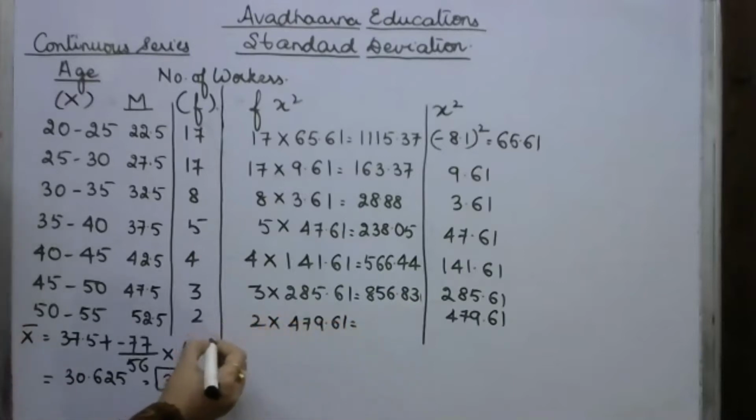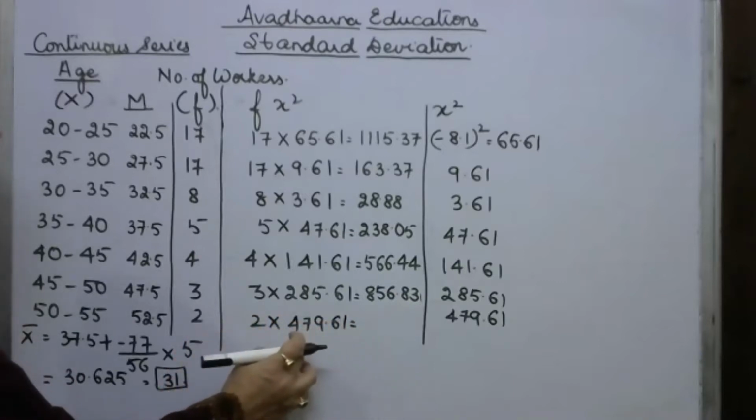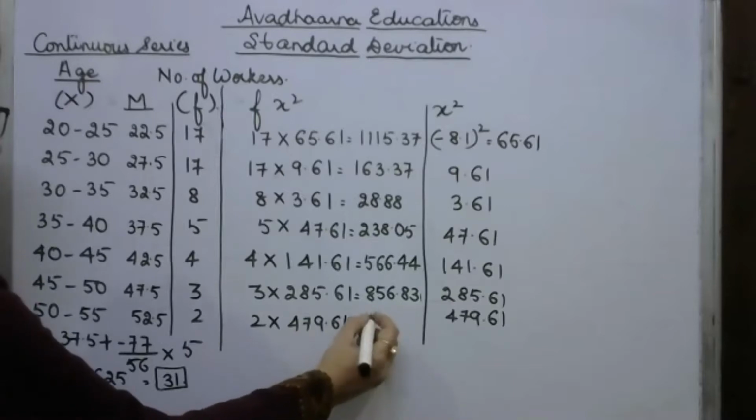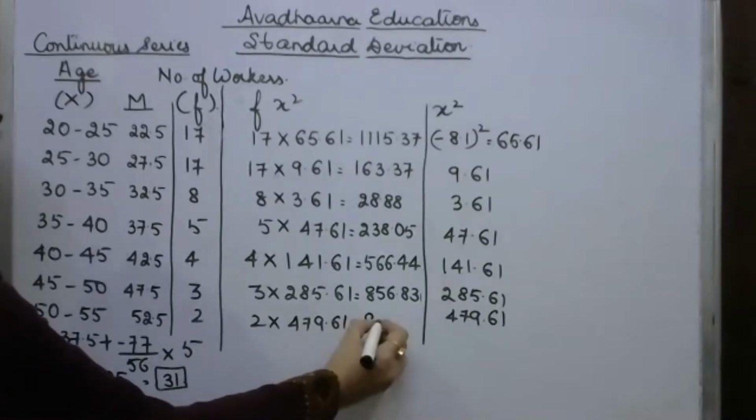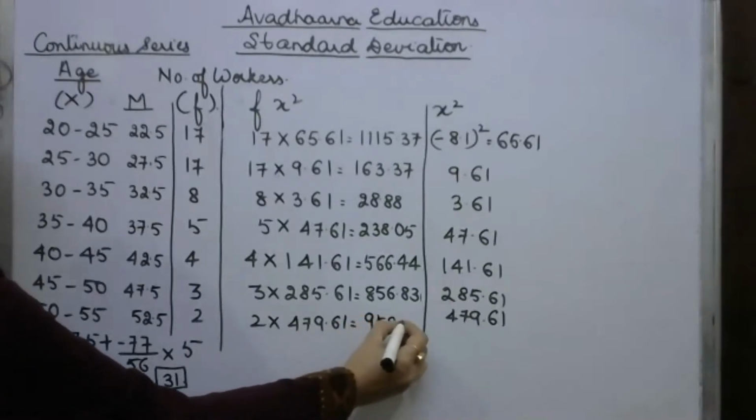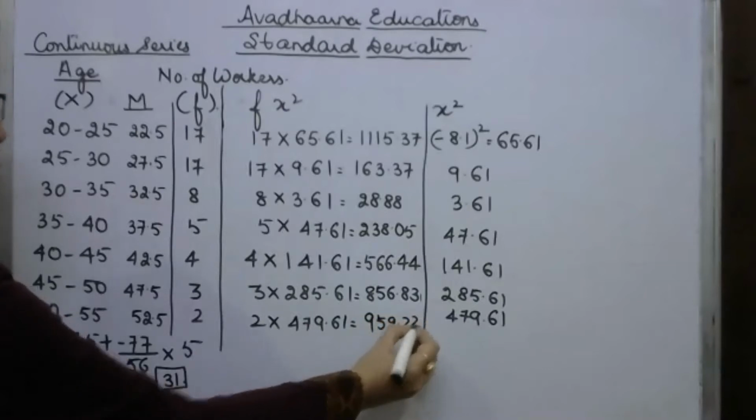So if we multiply 2 by 479.61, we are going to get 959.22.